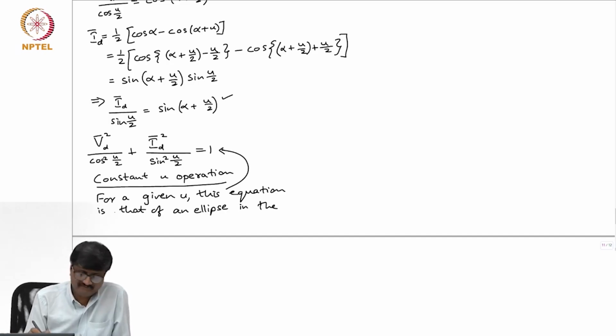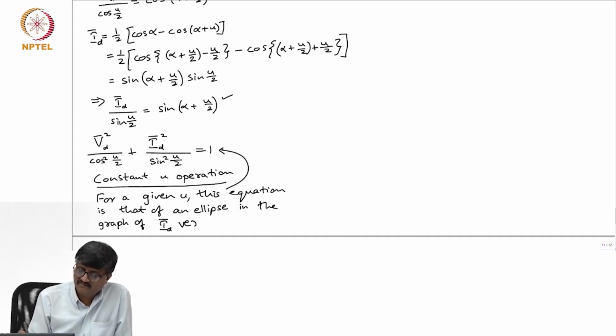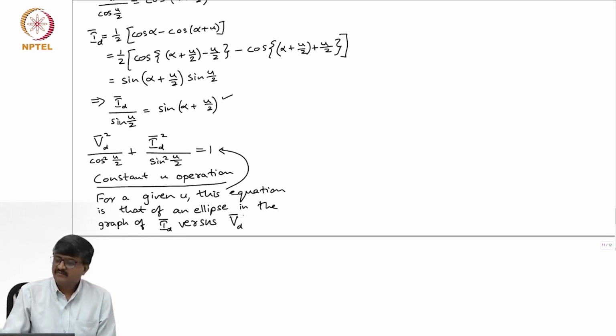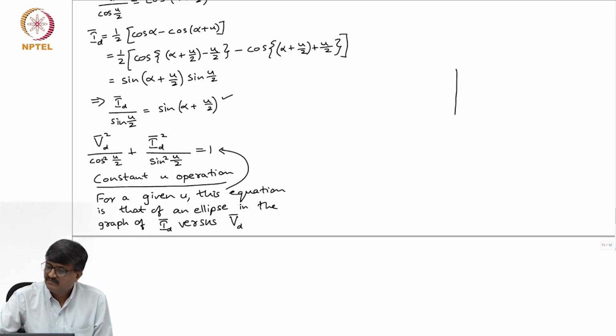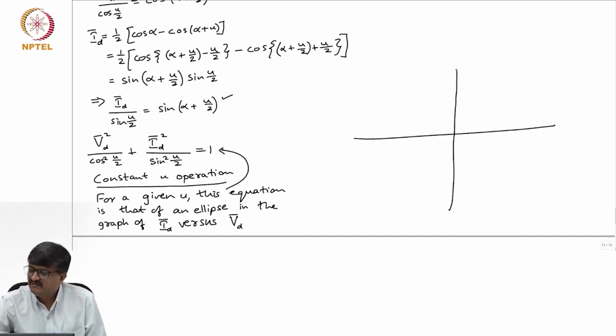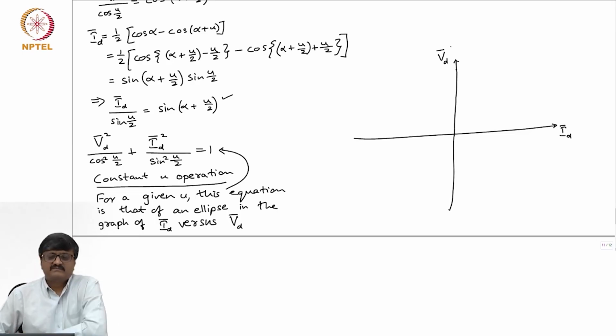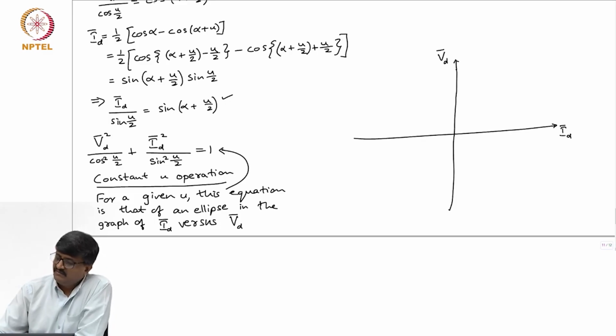So in the graph of ID versus Vd, if I take a graph where I have ID here and VD here, then of course, if I draw the complete ellipse, it's like this.